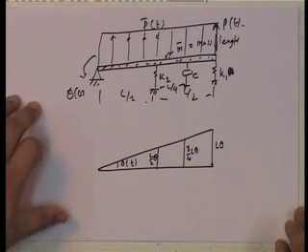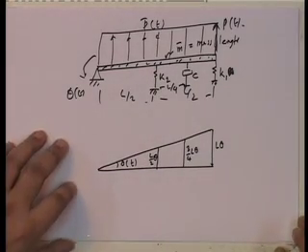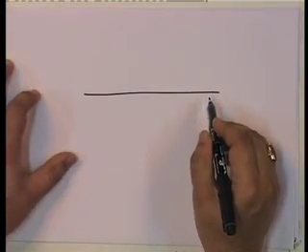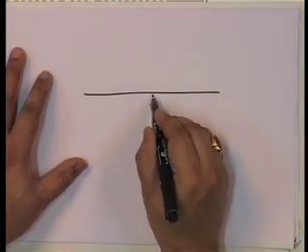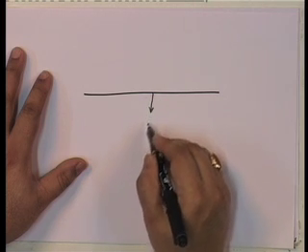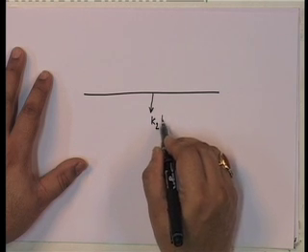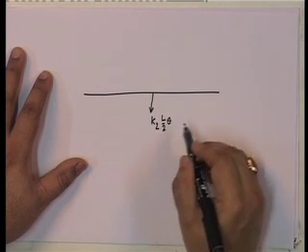So, if these are the displacements, then what are my forces? Let me write down the forces. The forces are going to be K 2 into L by 2 theta.